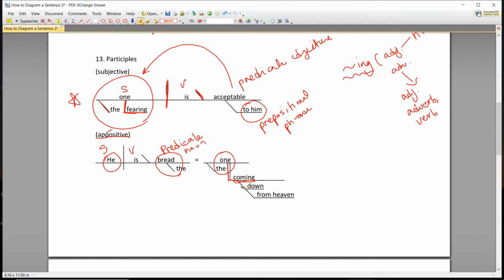So coming down, this is a prepositional phrase. Sorry, just like this one, right? So coming down, coming from heaven. So these two are modifying coming, right?